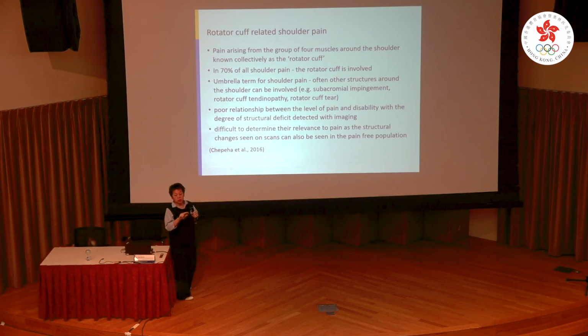I'm not saying that those are wrong, but studies have shown that there is a poor relationship between the level of pain and disability and the degree of structural deficits detected with imaging. Sometimes you may see images being very poor, and yet the level of pain and disability may not directly correlate.